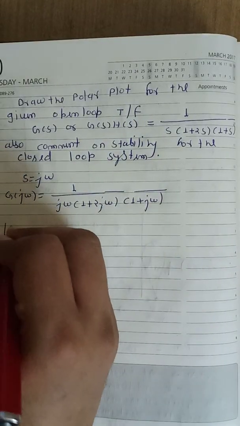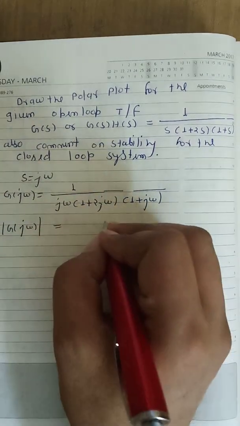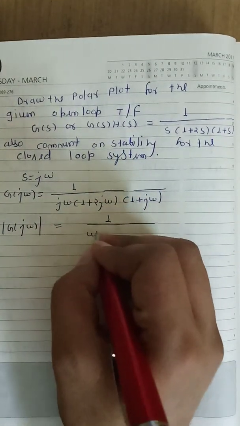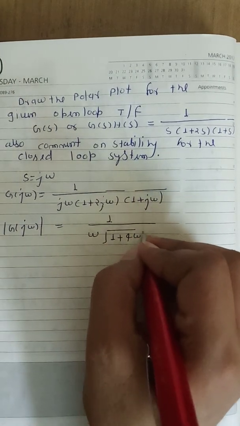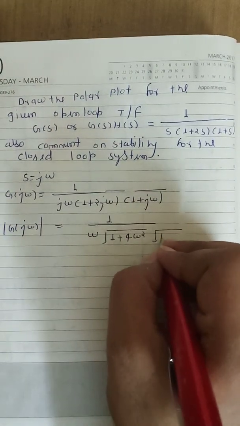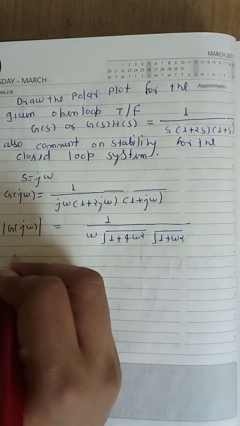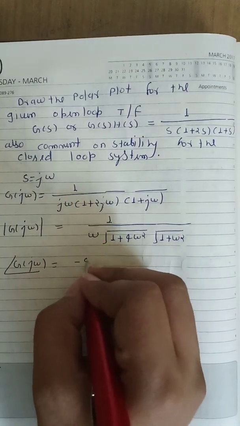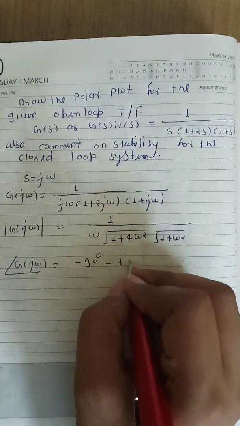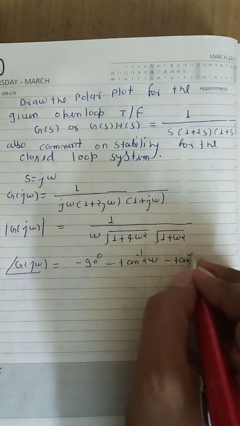So magnitude of G(j omega) becomes 1 over omega under root 1 plus 4 omega square under root 1 plus omega square. Phase angle becomes minus 90 degree minus tan inverse 2 omega minus tan inverse omega.